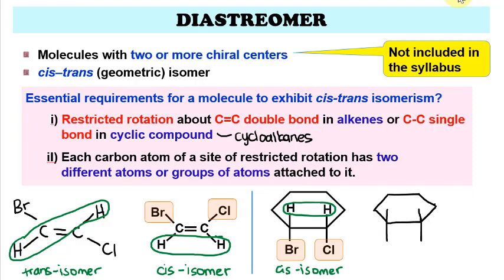Then, same as before, I'll stick to the same atom, Br, for this carbon. For the next carbon, I'm going to change the position of the chlorine and hydrogen. When the two atoms are bonded not on the same side like this, it is a trans isomer.